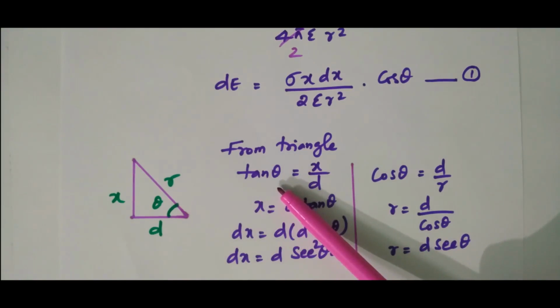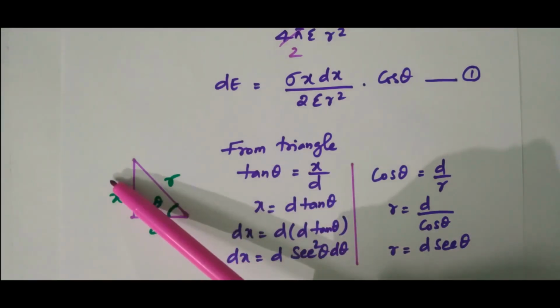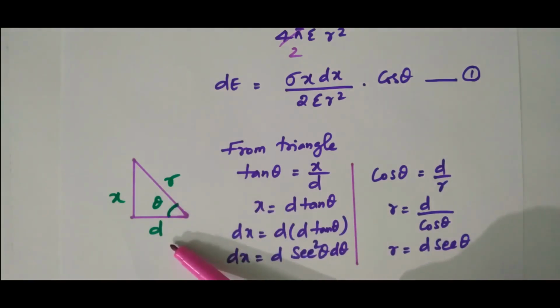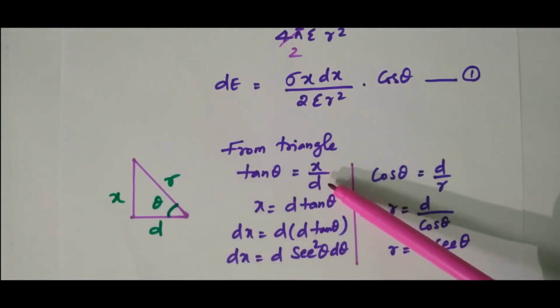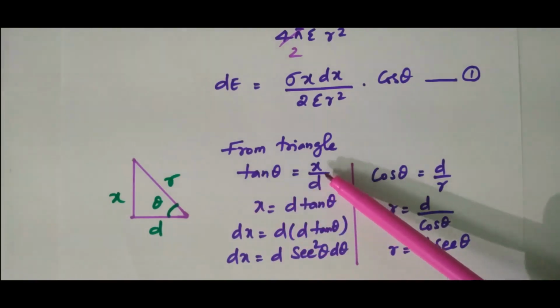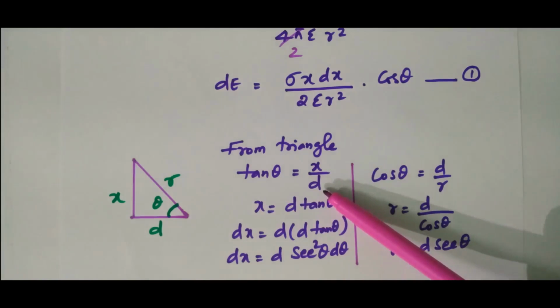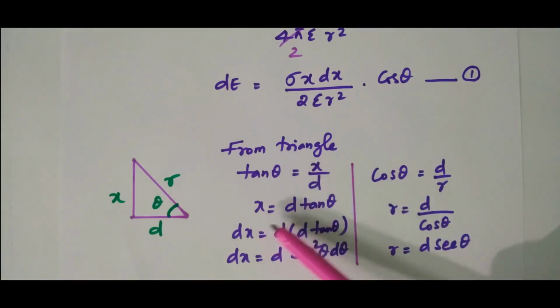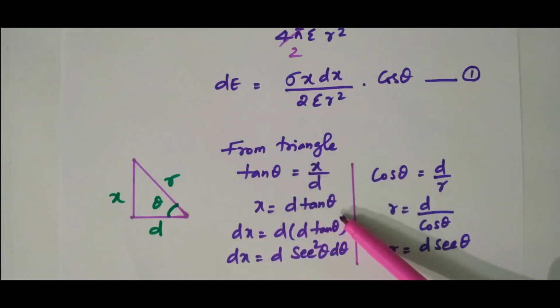Tan theta is nothing but opposite side by adjacent side. So this is theta, opposite side is x, adjacent side is d. So tan theta equal to x by d. Cross multiplying, x equal to d tan theta. Now we got the expression for x.